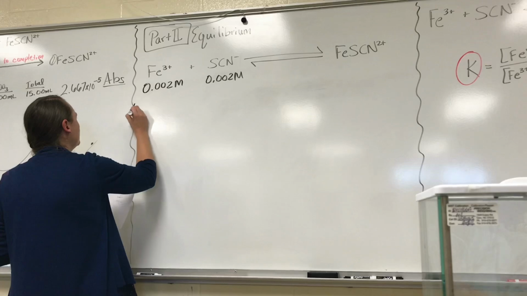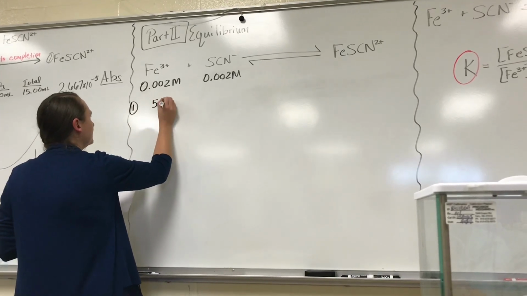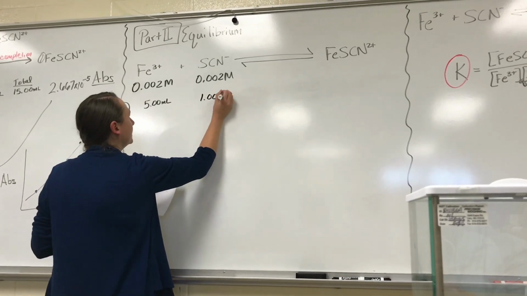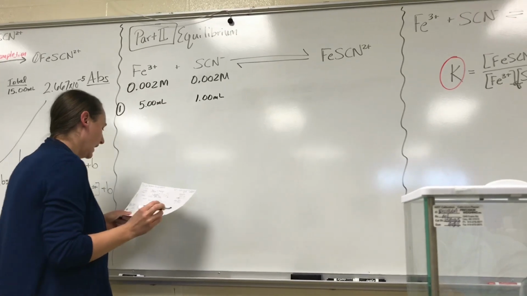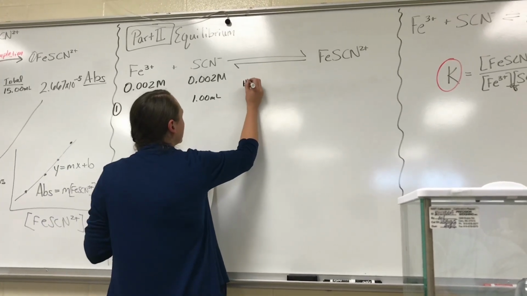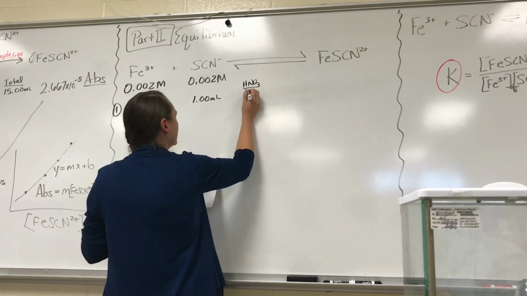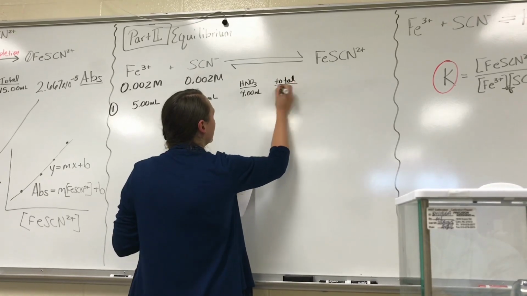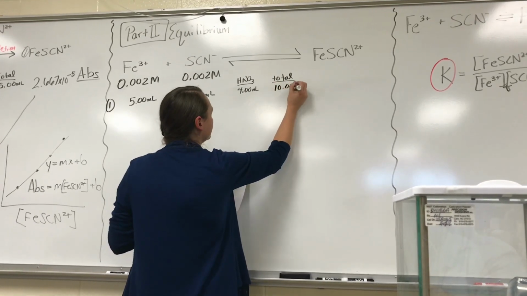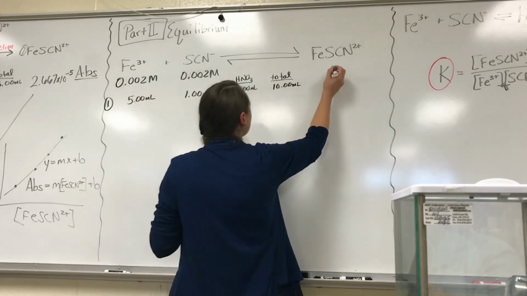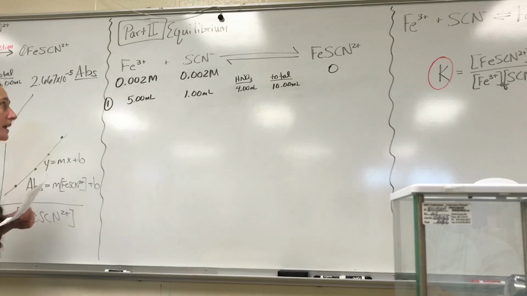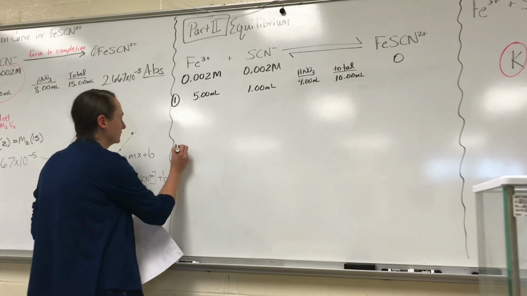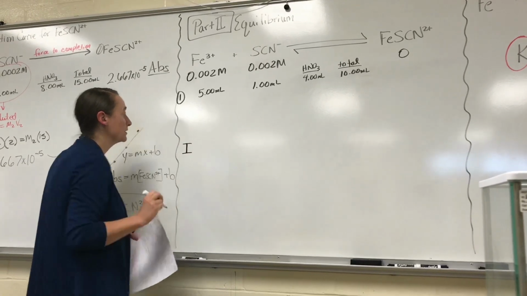For our solution 1, we are going to use 5 milliliters of the iron and 1 milliliter of the thiocyanate, and the nitric acid will be 4 milliliters, and the total volume is 10 milliliters. And we are starting with 0 iron thiocyanate. So we're going to set this up like an ice table in order to help us understand what's going on.